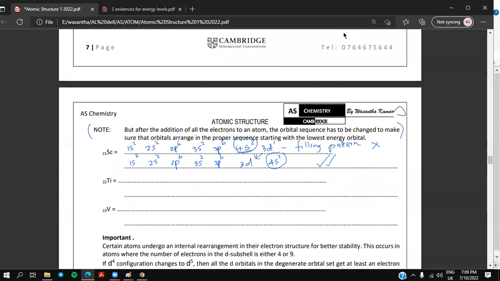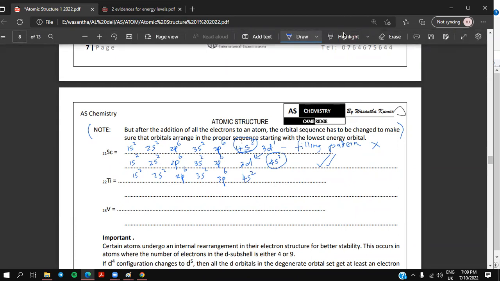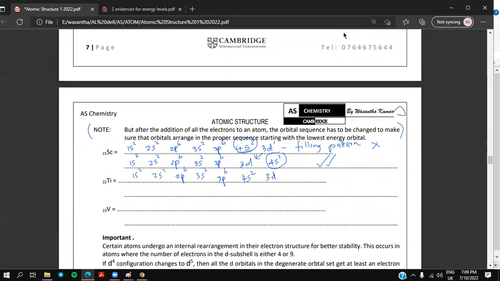I write for titanium now. 1s2, 2s2, 2p6, 3s2, 3p6. After 3p6, we go to 4s2. After 4s2, we go to 3d. I think there are 2 electrons.